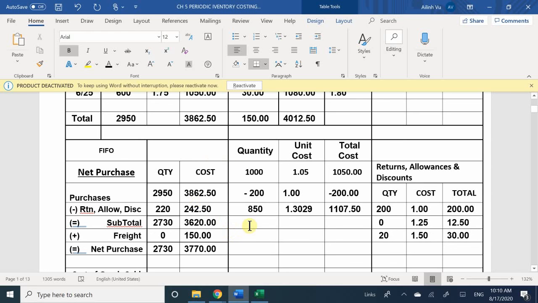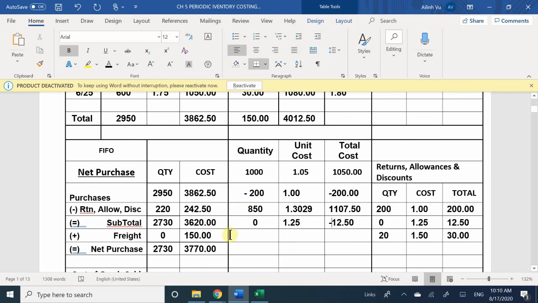That doesn't affect my quantity, but it does affect my cost. So here, I'm going to transfer that over and say, well, you can't minus 0. It's going to be the same number. But what I can do is minus the 1250 out of this one.